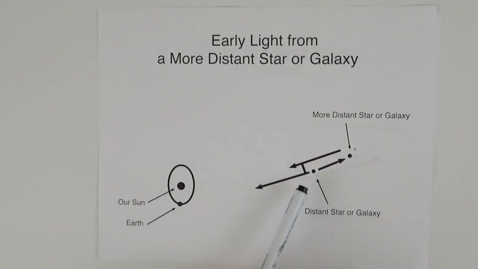Consider that as this star or galaxy is sending light in all directions, and particularly in this direction here, that it would join through a pipe to the light pipe that was going from this star here to our star.